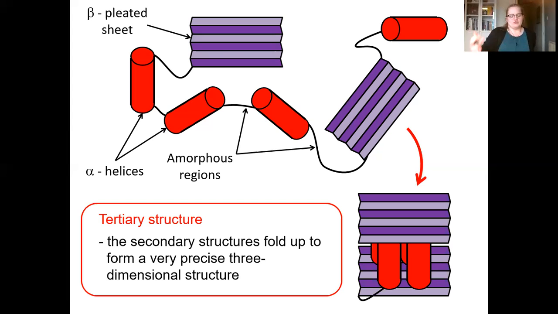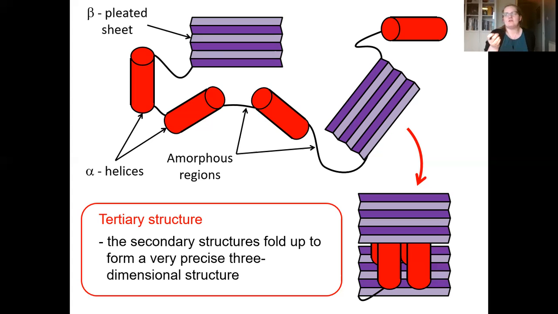So then we go on to our tertiary structure, and this is where it gets quite interesting. This is where we start to get the 3D shapes coming from. This tertiary structure folds up to form this precise 3D structure. And this is where those R groups that we've already talked about, deciding if it's an alpha helix or a beta pleated, come into play even more.